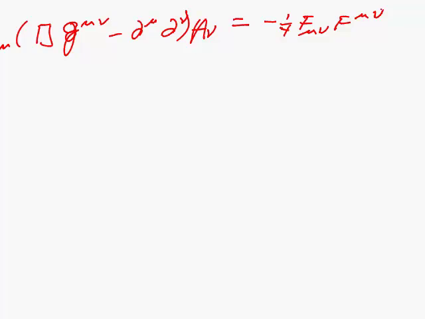So the derivatives work out so that it looks like f squared, and the minus sign comes from the integration by parts.